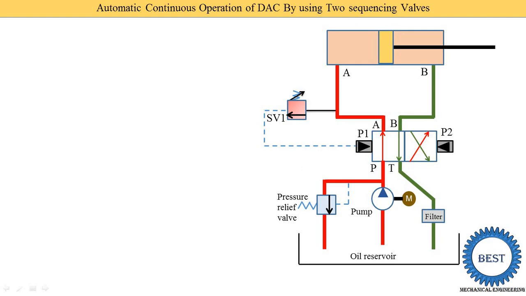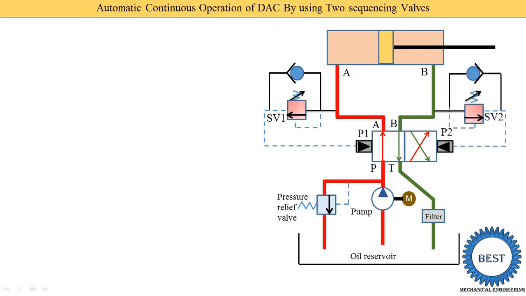Now the input and the output of the sequencing valve are connected with this check valve. Here you see this input. Here is the check valve, and the outlet of the check valve is connected with the outlet of the sequencing valve. And here again a dash line is drawn, which means some oil is tapped from this side and supplied to this side depending on the pressure. So this is called SV1. Similarly SV2 is drawn.